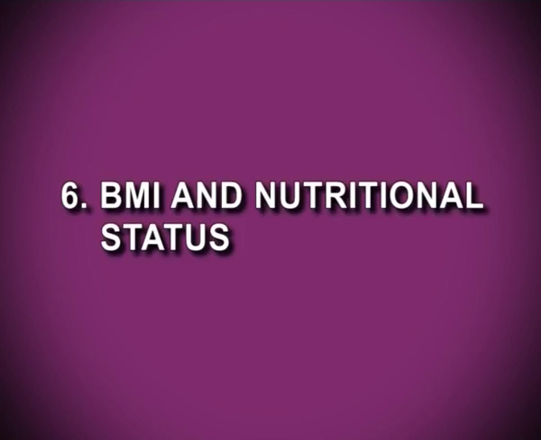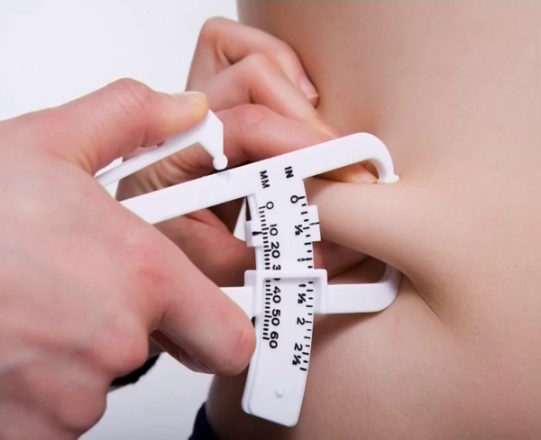Now we will move on to the last topic, BMI and nutritional status. Body mass index, abbreviated as BMI, formerly called the Quetelet index, is a measure for indicating nutritional status in adults.